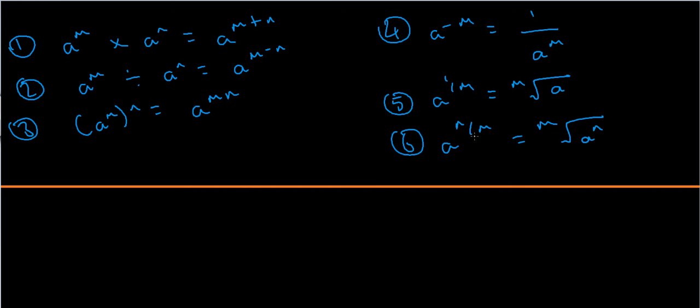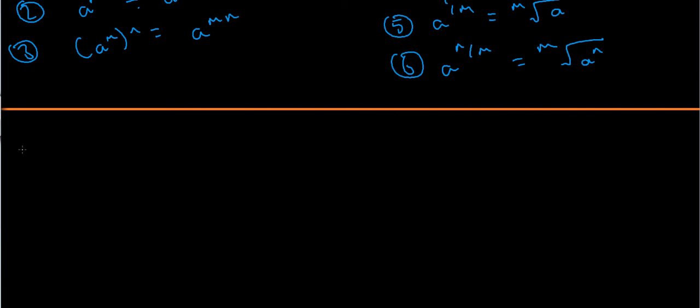Number 6, a to the n over m is the mth root of a to the n. So if you have something like a to the power of 2/3, that would be a squared and then cube rooted. So let's have an example.